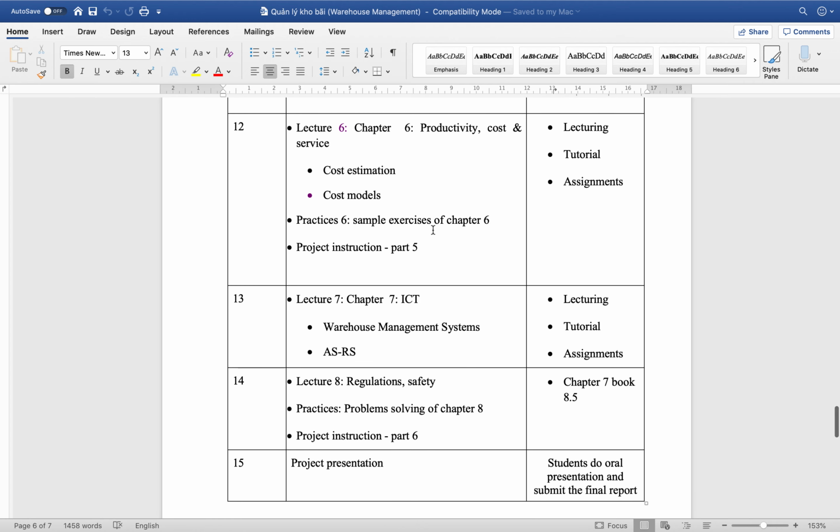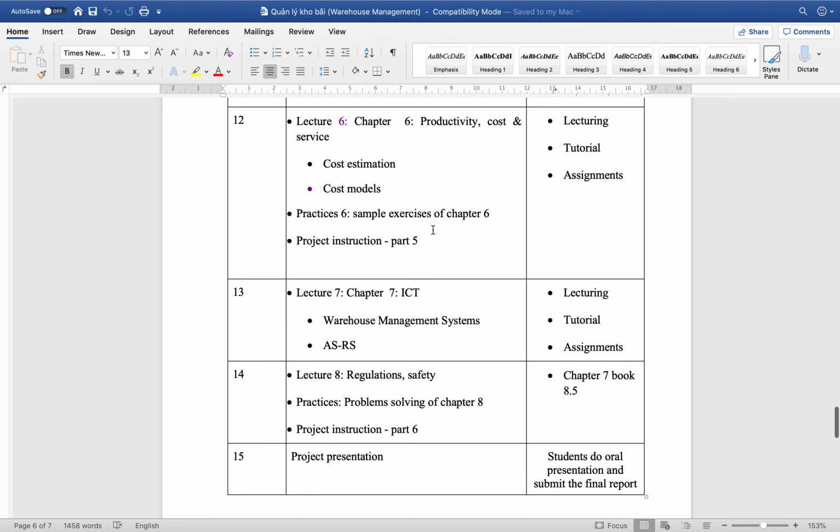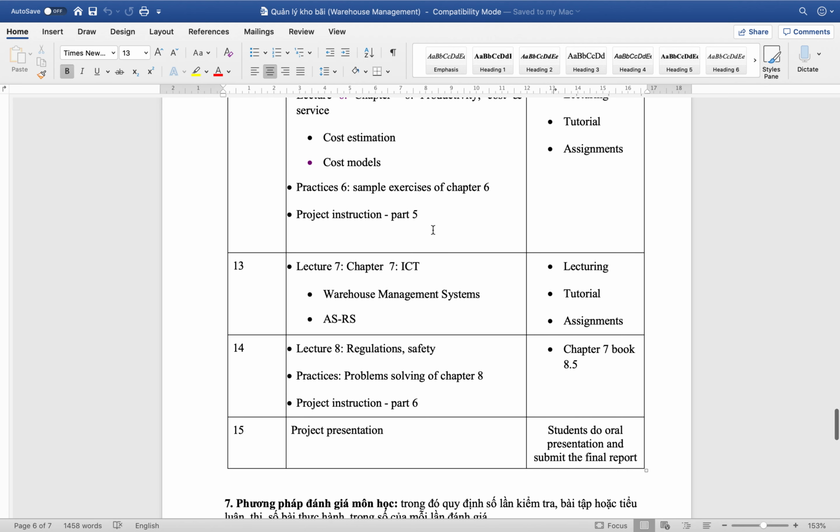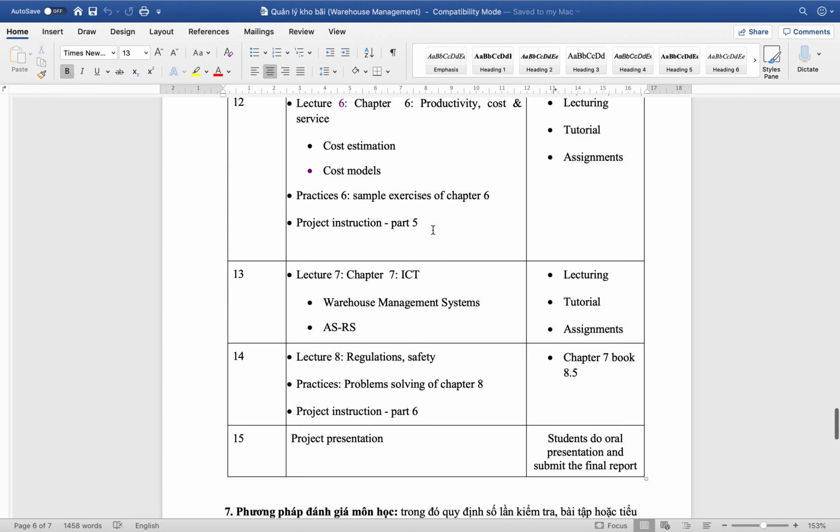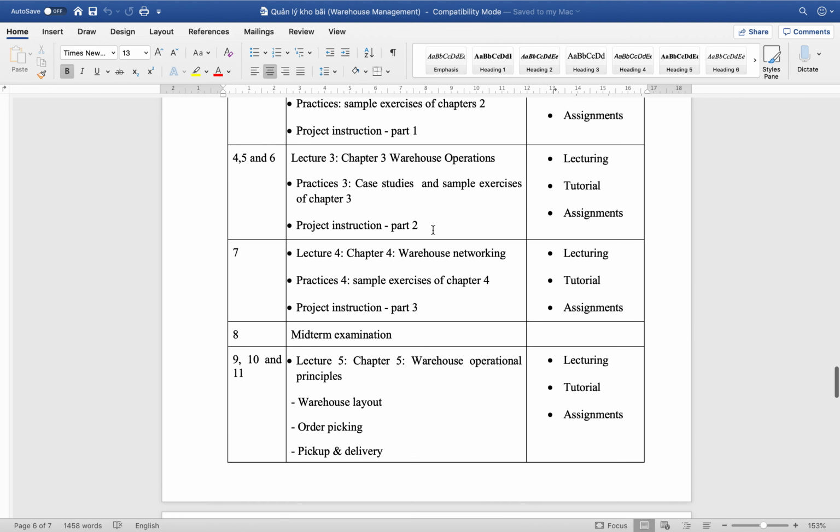And then in chapter 7, we will go to the IT system applying for the warehouse. And the last chapter is about the regulation and safety principle in a warehouse.